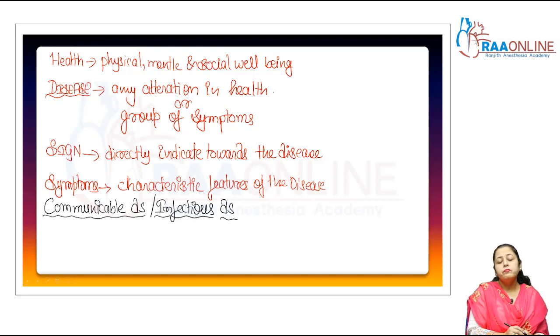That means when a disease transmits from one person to another easily by some medium like the air, contaminated food and waterborne bacterial diseases, some viral diseases, soil-borne bacterial diseases. When these infections spread from one person to another, these diseases are called communicable diseases or infectious diseases, right?